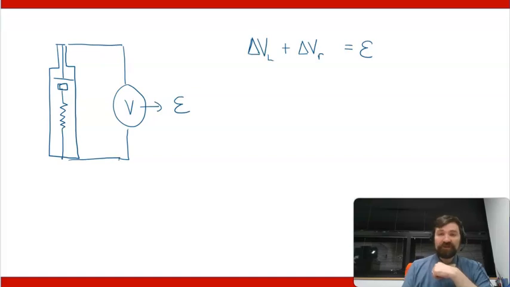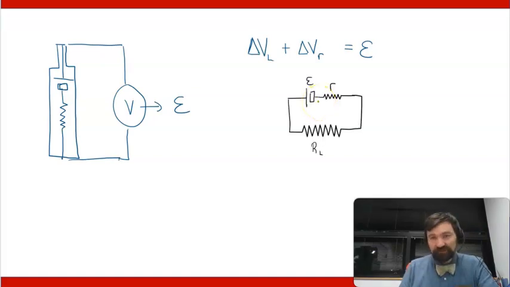You also know that charges are conserved, and so that means that I have the same amount of current running through this internal resistor as I do through my load resistance. So again, referring to this diagram, if I have some current passing internally through the battery and through this load resistor, it's going to be the same amount of current. Same current goes through the load as goes through the internal resistance.